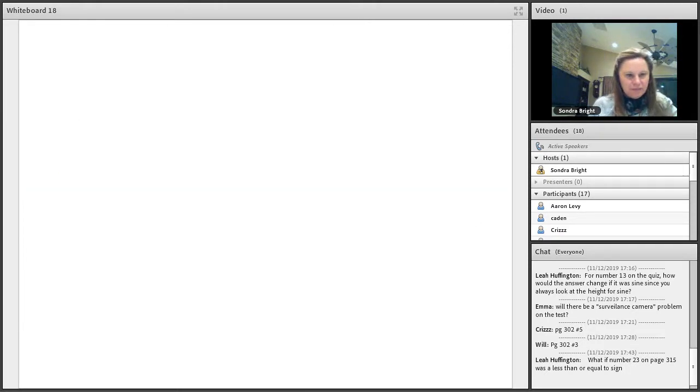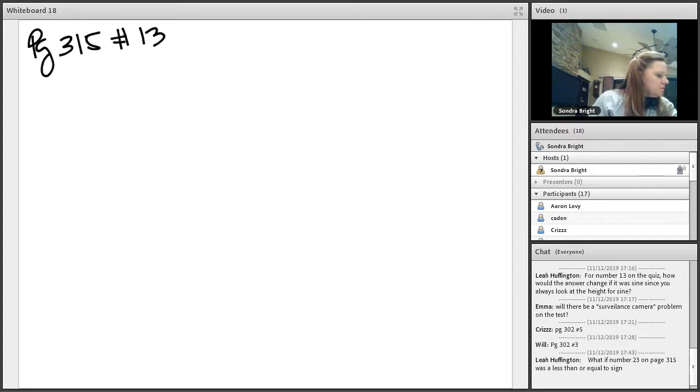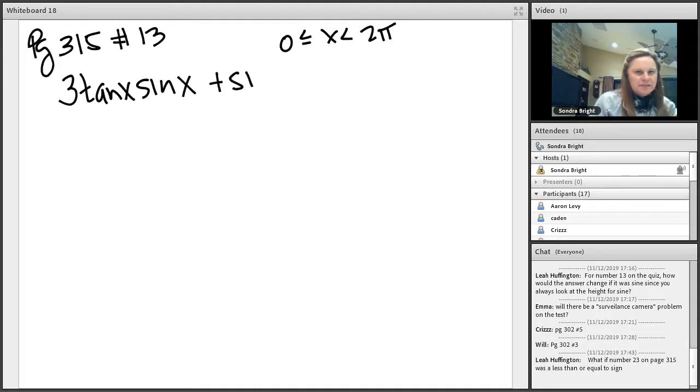All right, page 315, number 13. Ooh, okay. They're wanting you to solve for where x is between 0 and 2 pi, and it's 3 tangent of x times sine of x plus sine of x equals 0.